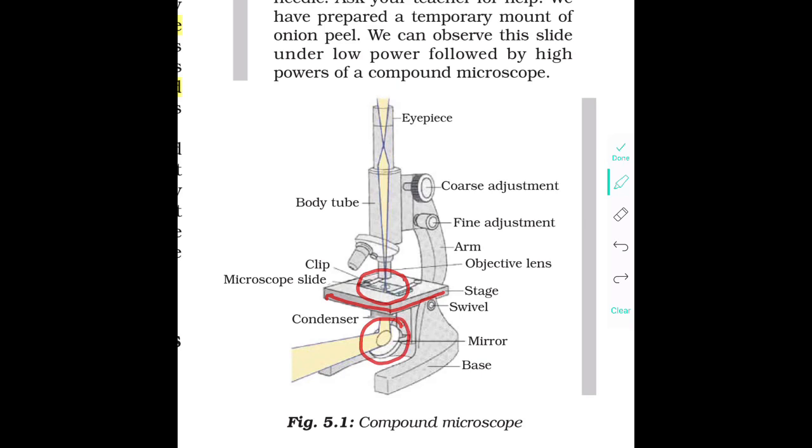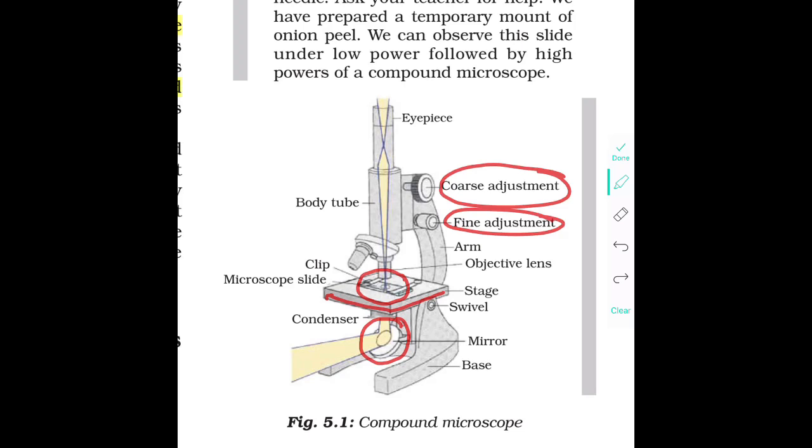When the knobs are rotated, a sharp image is obtained. There are two knobs which are seen here, for coarse adjustment and fine adjustment. The large upper knob is used for coarse adjustment, which helps in rapid focusing of the specimen, and the lower, smaller knob is used for fine adjustment.